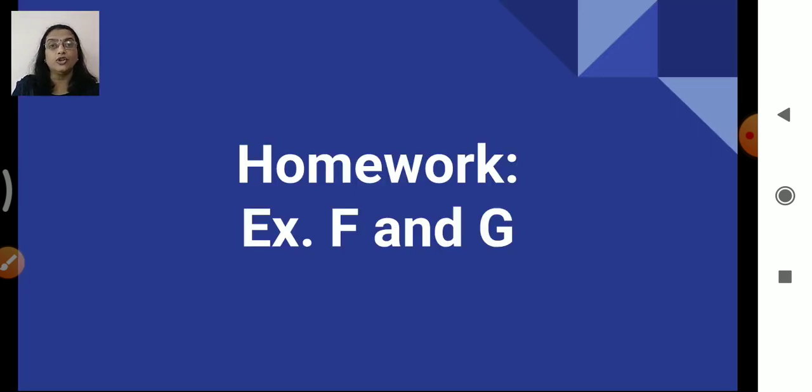Now, homework. In your book you can see the question. Exercise F. Put the words in the correct order to form sentences. So the words are jumbled up. What is your work? Only to arrange them properly, to form a correct sentence. And in exercise G, it is choose the suitable word from the bracket and complete the following. Again, it is very easy, right?